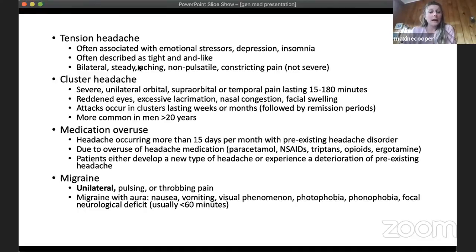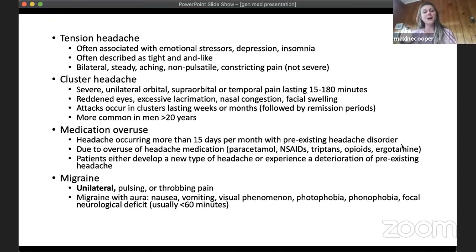Cool. Okay, the other headache that I mentioned briefly before is a medication overuse headache, and I put the definition just there. Usually it is due to the overuse of headache medication or pain medication, things like paracetamol and ibuprofen that are really easy to get over the counter. People can quite easily get into the habit of taking them frequently, especially if they already had a headache disorder before.